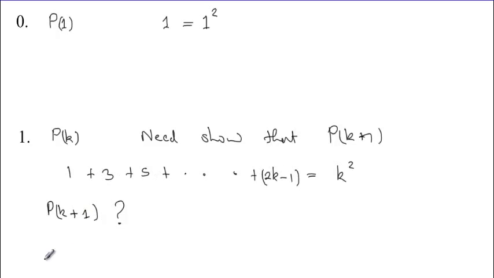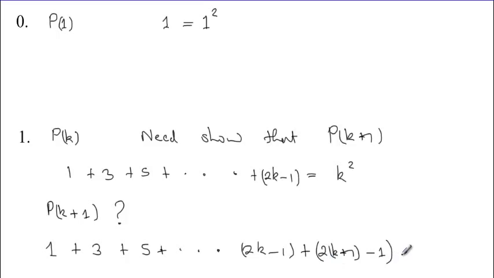This statement will be written as 1 plus 3 plus 5 plus dash dash dash plus 2k minus 1 plus 2k plus 1 minus 1. This will be equal to k plus 1 all squared.